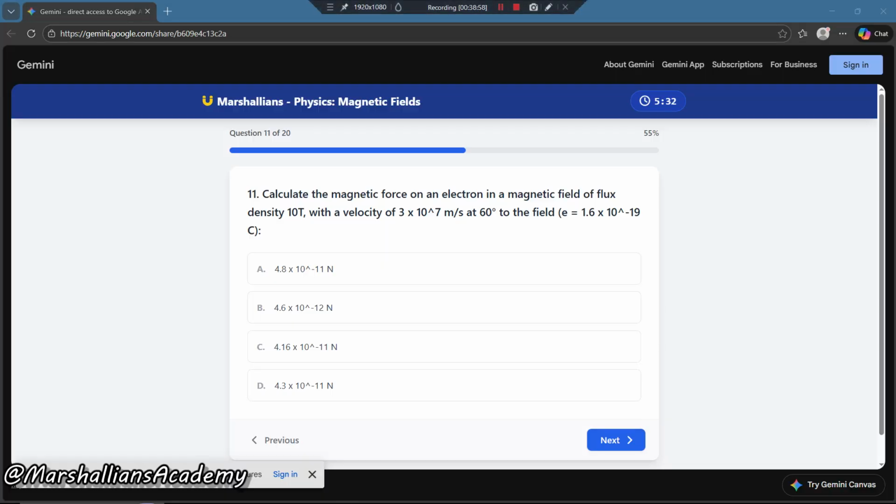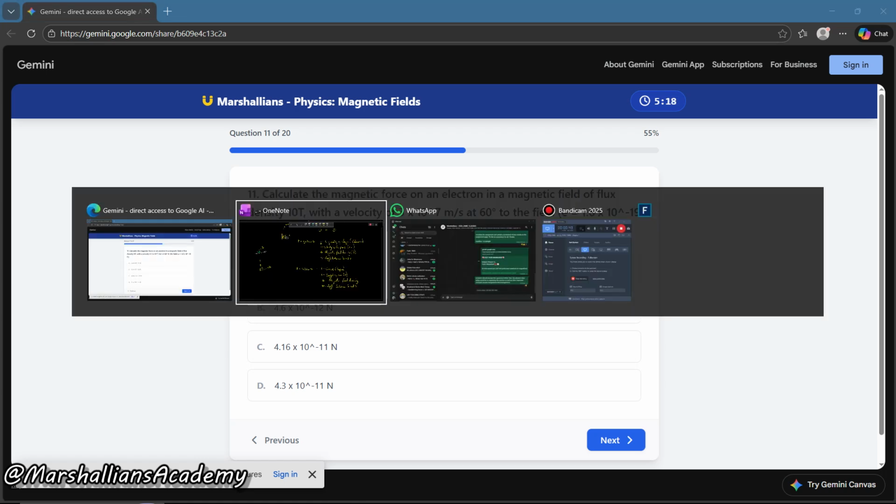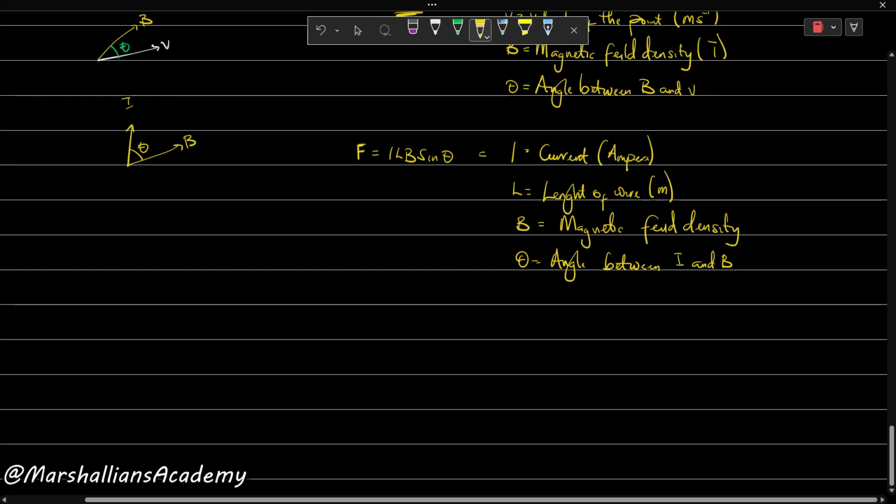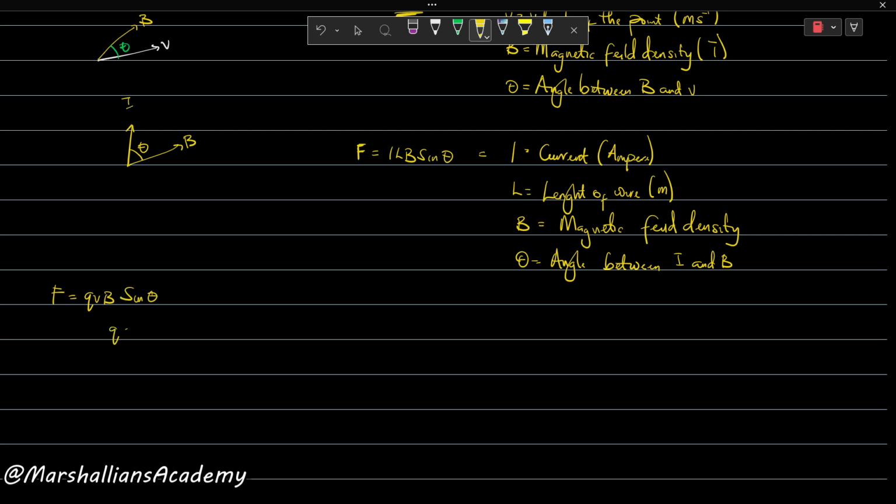All right. In this question, we're told to find the magnetic force, which basically means find the Lorentz force. And because an electron is a point charge, we have to use the Lorentz force for a point charge, which is this: F is equal to QVB sine theta. And we are given Q to be 1.6 times 10 raised to the power negative 19 coulombs.